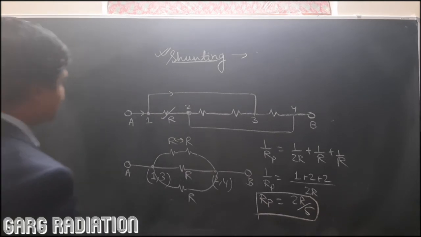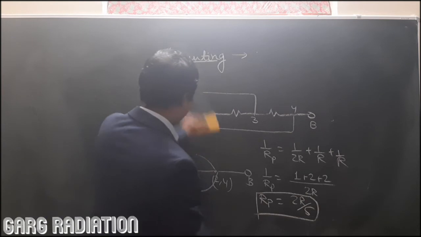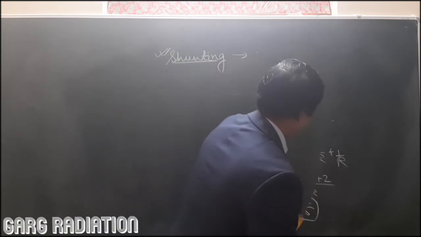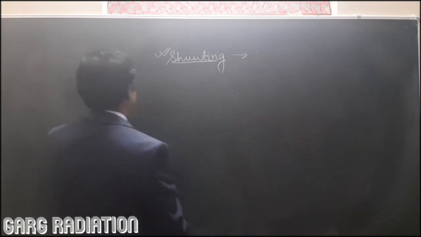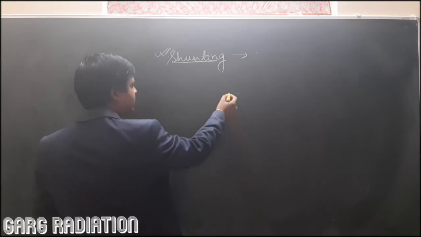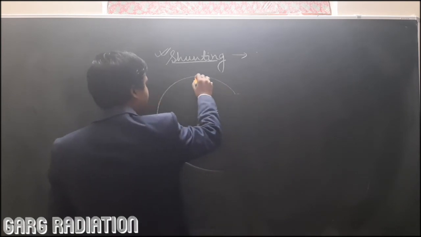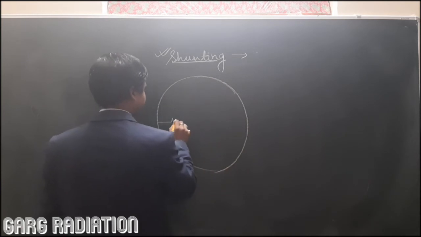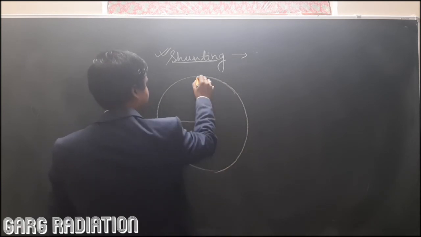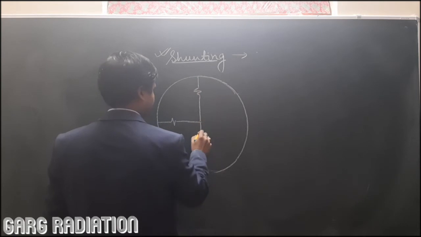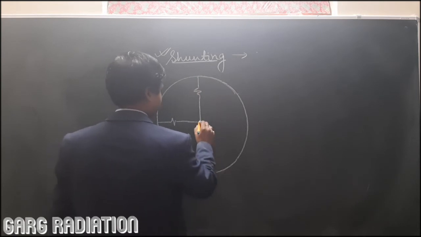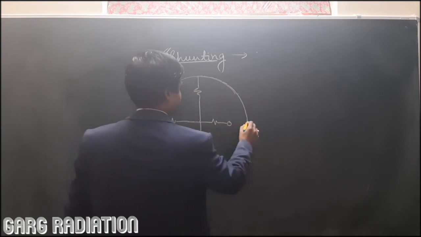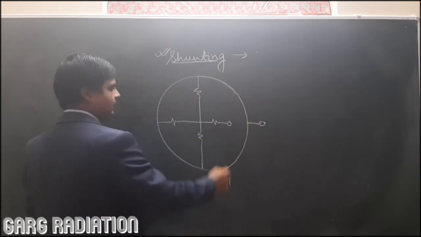Okay, so now let's move to the next problem. Again related to shunting only. Suppose we have a circle here. These are the 2 points.